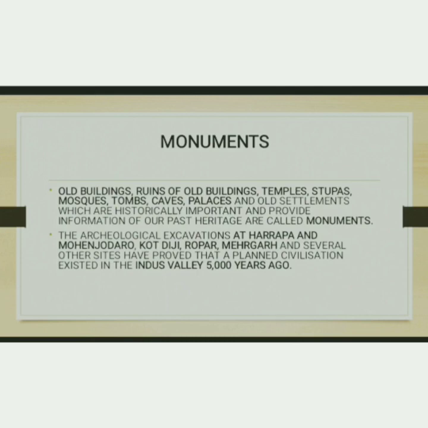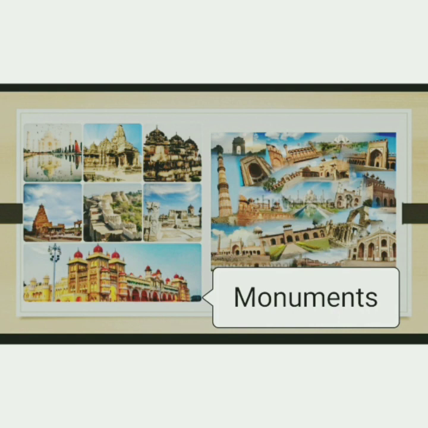The archaeological excavations at Harappa and Mohenjo-daro, Kot Diji, Ropar, Mehergarh, and several other sites have proved that a planned civilization existed in the Indus Valley 5,000 years ago. The ruins of Nalanda in Bihar reveal the ancient system of education.